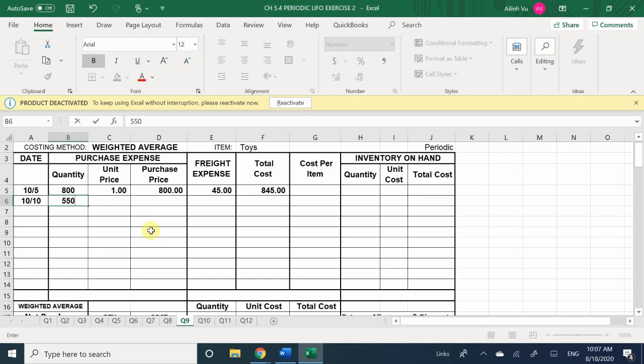Yes, for me it is. At $1.25, so what is my total here? $687.50. 687.50 is correct. And then we got $30 of freight, and that is $717.50. Okay, good.